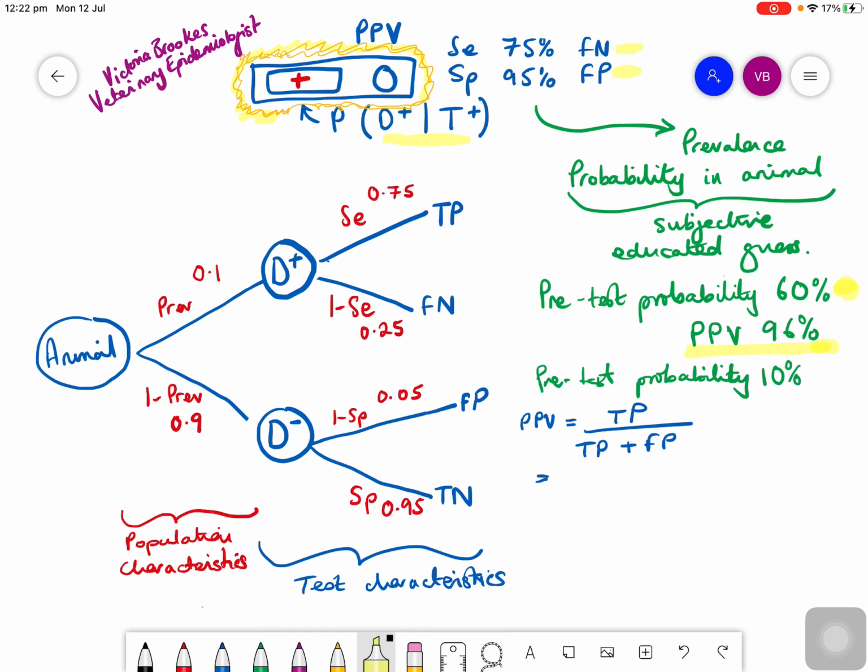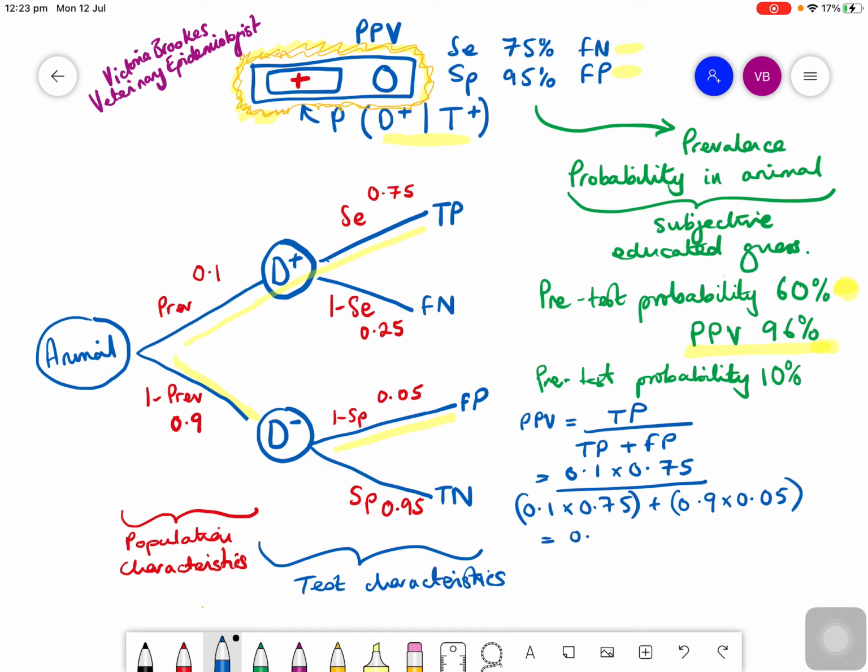For true positives, we've got 0.1 multiplied by 0.75, divided by 0.1 times 0.75, plus, for the bottom arm, 0.9 multiplied by 0.05.